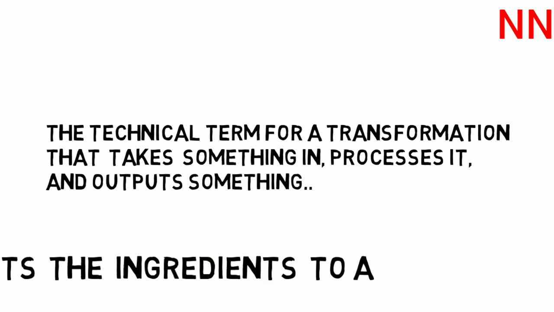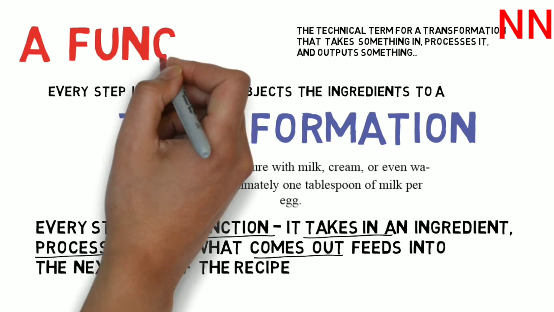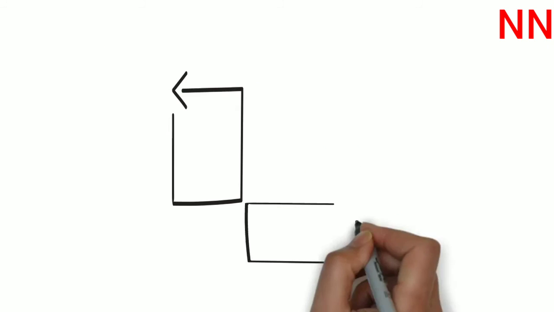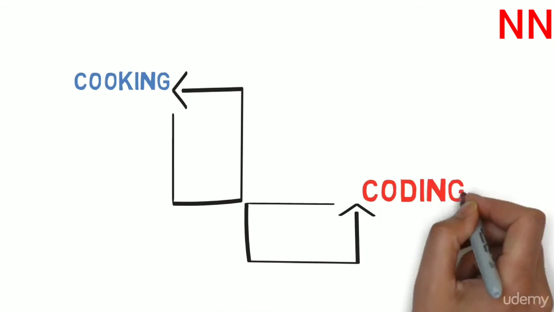That technical term is a function. Functions are important parts of computer programming. Functions, like steps in a recipe, are transformations of inputs into outputs. Cooking is thus a lot like coding. The parallel is complete.